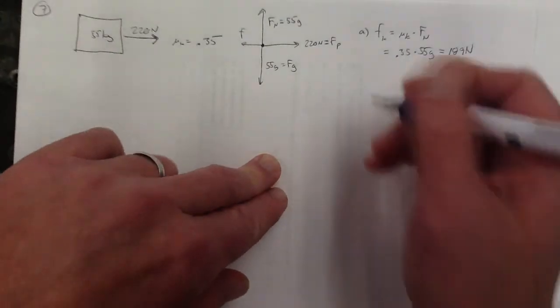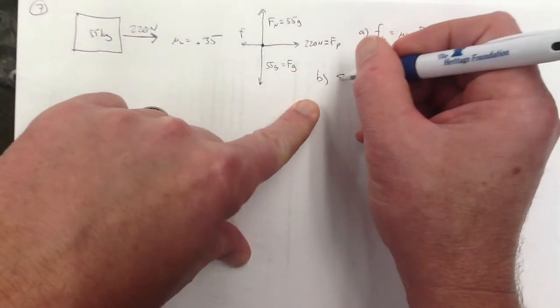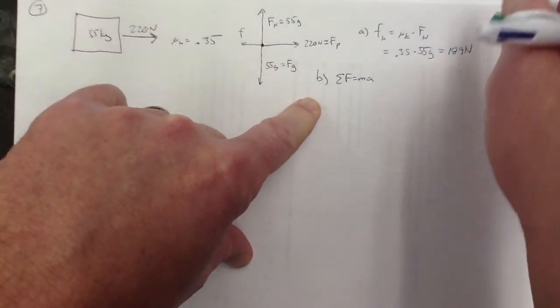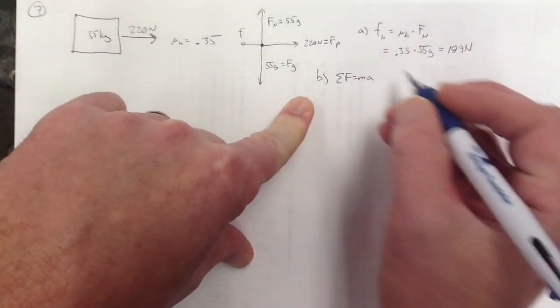And then for part B, they want to know what's the acceleration. Well, sum of all forces is equal to mass times acceleration. My friend Isaac told me that.